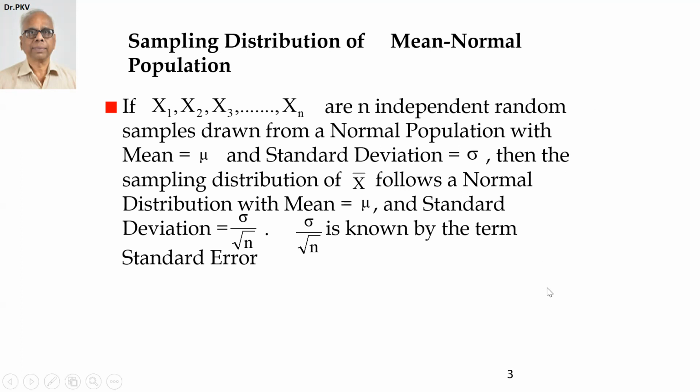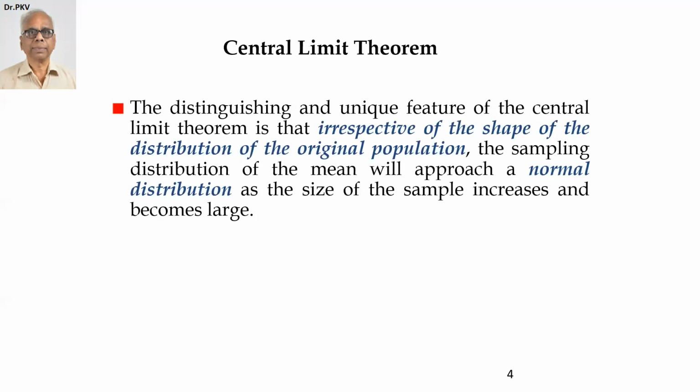We have a wonderful milestone landmark discovery called the Central Limit Theorem, which says regardless of the shape of the original population, the sampling distribution of the mean will approach a normal distribution when the size of the sample increases and becomes large.